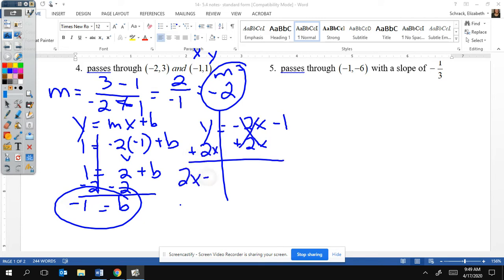And 2x plus y equals -1. So again, when you're given 2 points, like in number 4, you first find the slope, then you find the b value, you put that into slope-intercept form, and then change it into standard form.